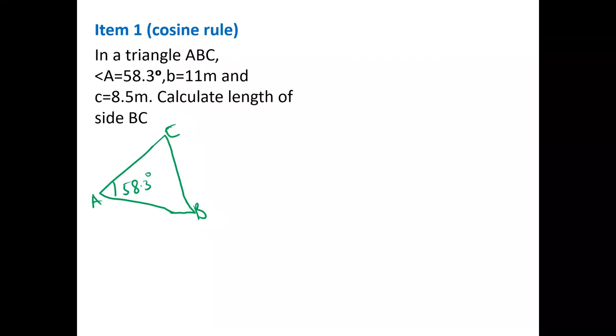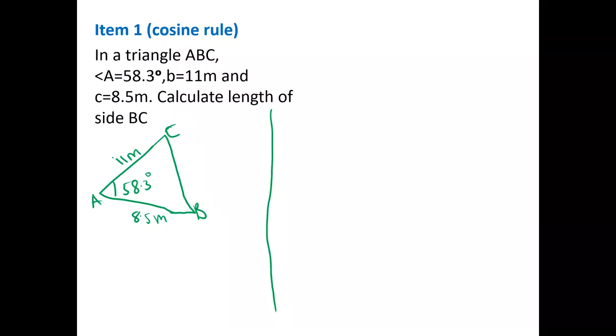Then small b is 11 meters. Small b is the side opposite angle B. And then small c is 8.5 meters. Whenever we are talking of small c, that should be the side opposite angle C.